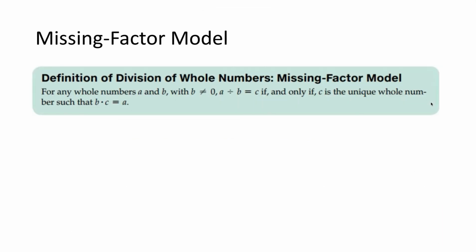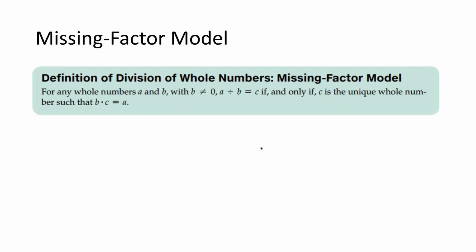Okay, now let's think about the missing factor model. We have already talked about how multiplication and division are inverse to each other. They are related. And if you think back, addition and subtraction are also related as inverses of each other.